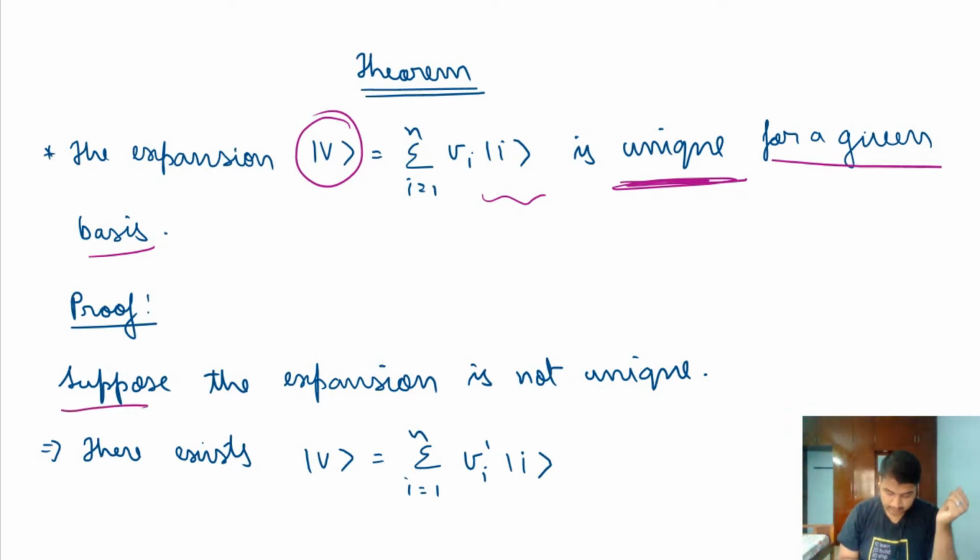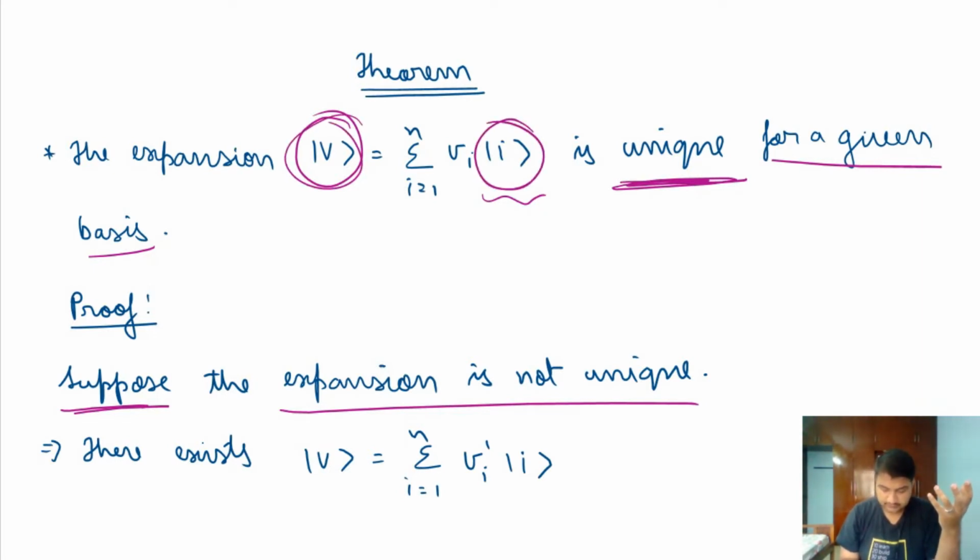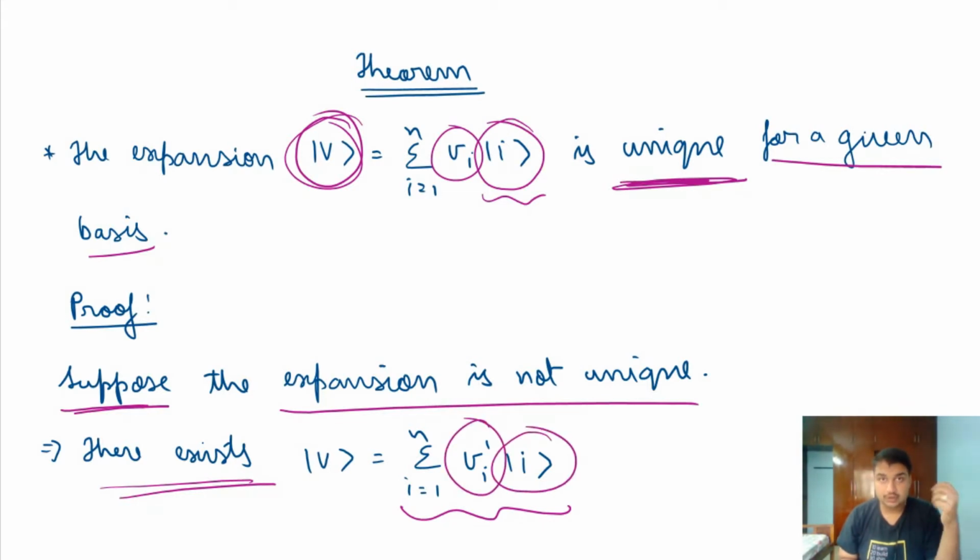Let us suppose that the expansion is not unique. Let's say that it is indeed possible to write the same vector as a linear combination with respect to the same basis but using different coefficients or different components. Then there should exist another expansion such that we have the same basis but different components or coefficients of expansion.